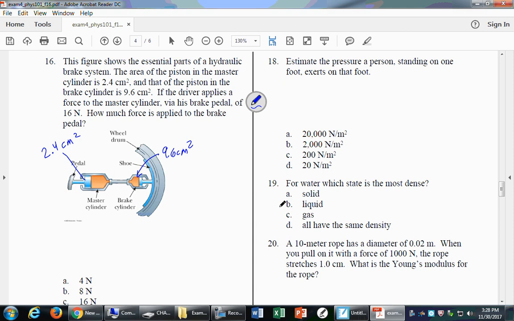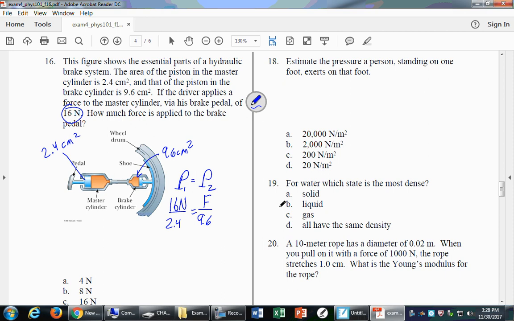And then I say that the pressure on the first side is equal to the pressure on the second side. That's going to be the force that I apply, which is 16 newtons, divided by 2.4 square centimeters, is going to be equal to the force on the other side divided by 9.6. Look, though, if you don't want to go through this process, you just look at how the areas compare.